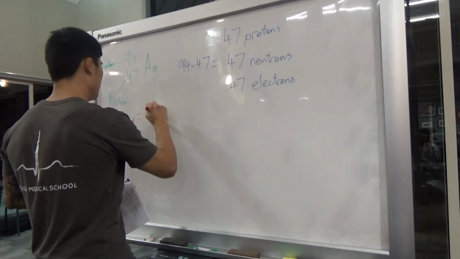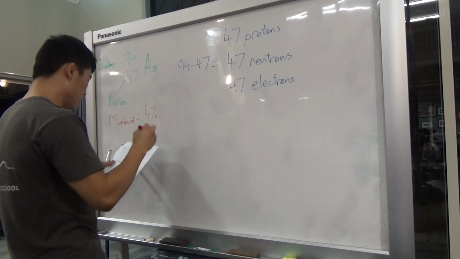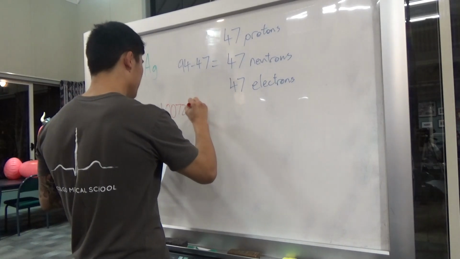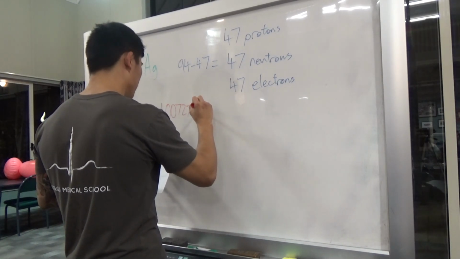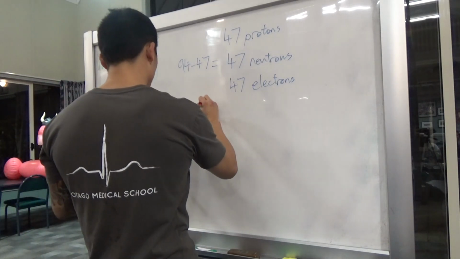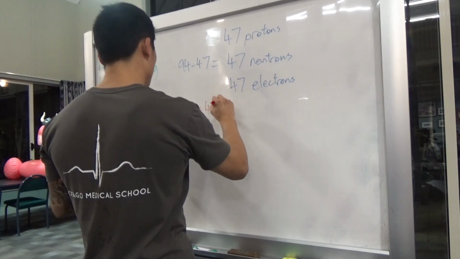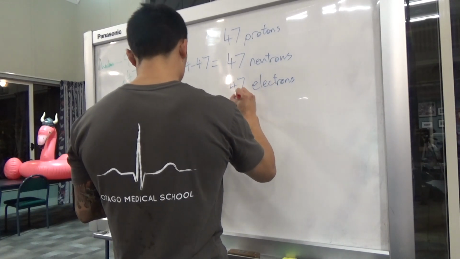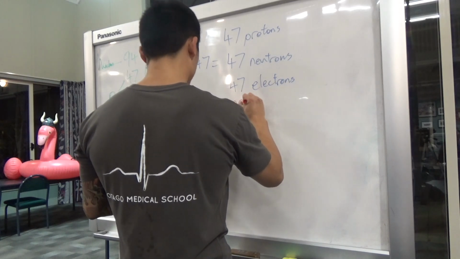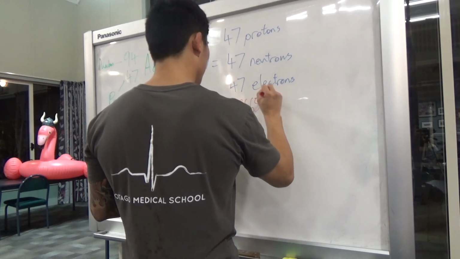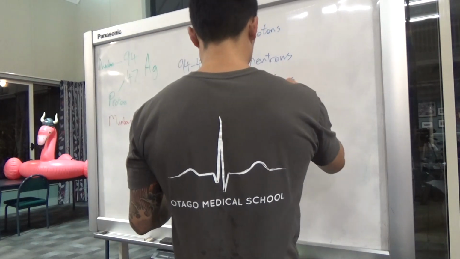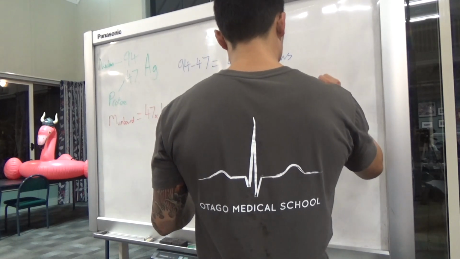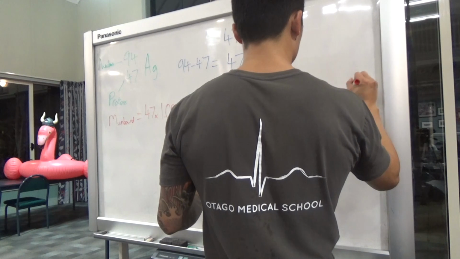So 47 times 1.007276, which is the mass of a proton, plus 47 times the mass of a neutron, which is 1.008665, plus, now it's electrons, 47 times 0.000549.